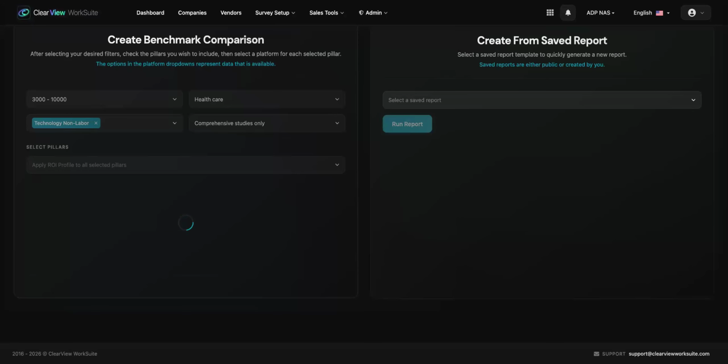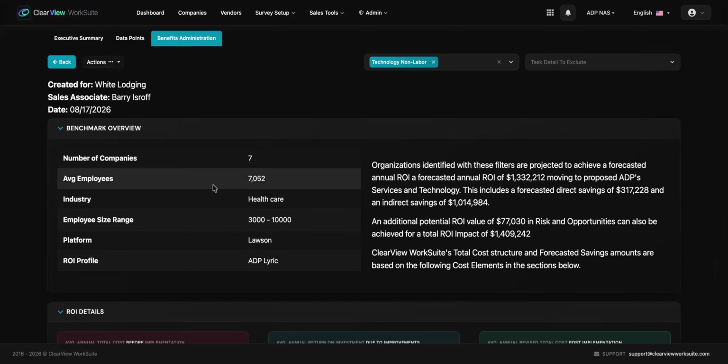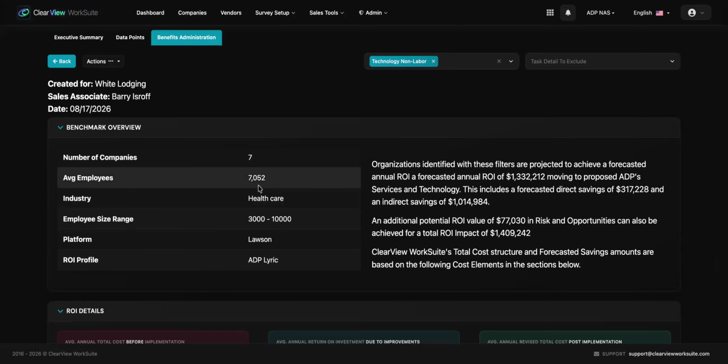This is kind of how you can use our benchmark data to help understand things that you might do. So here are 7 benefit companies that have on average 7,052 employees in that 3 to 10,000 mix. They're healthcare. They're using Lawson and we're moving them to Lyric.